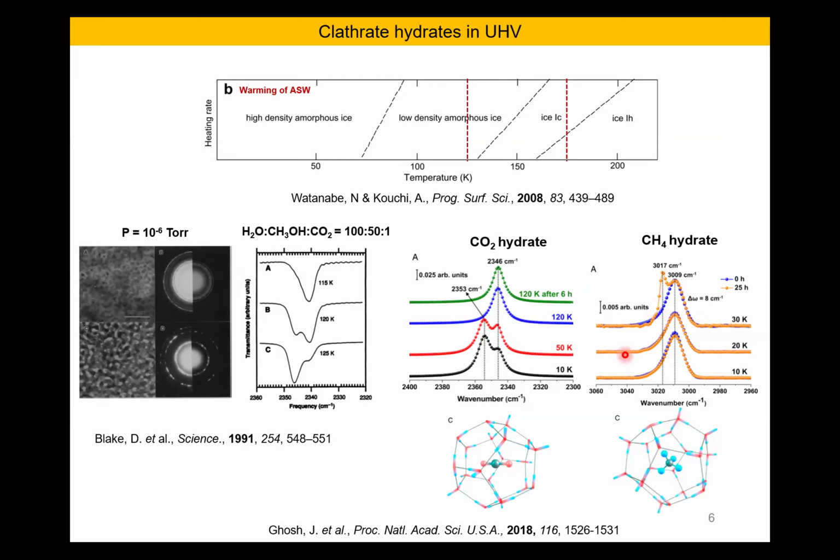After that, our group published many papers on the formation of different clathrate hydrates with molecules like THF, dimethyl ether, and acetone. But the major question was, can we see the structure of this clathrate hydrate in ultra high vacuum by a diffraction method?